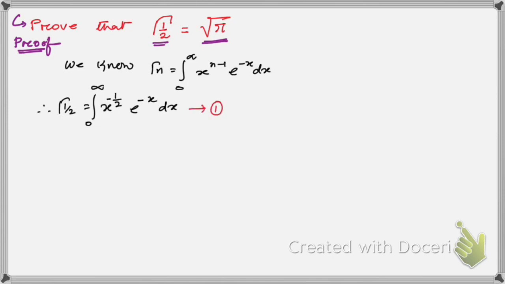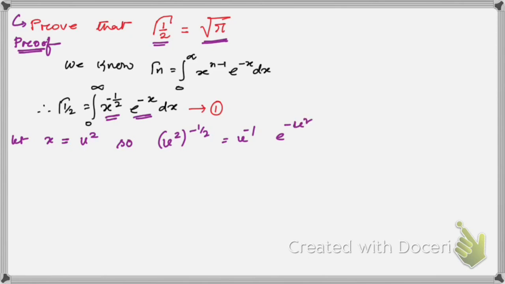Now let us put x is equal to u square. So this x to the power minus half will be u square whole to the power minus half, that's going to be u to the power minus 1, right? And e to the power minus x is going to be e to the power minus u square, right?